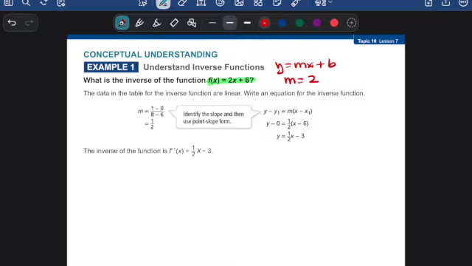And we can find the slope of the inverse function. Slope usually is the change in y values over the change in x. So the inverse slope would just be the change in x values over the change in y values.